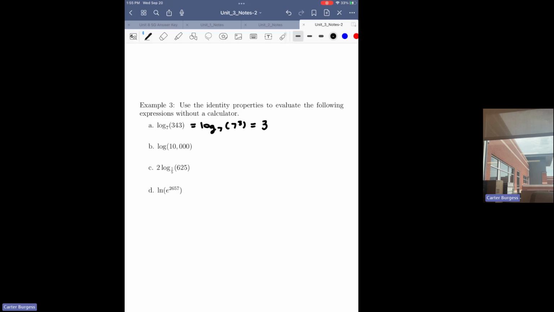So what's our base if we have log without a base? Log base 10. So 10 to what power? Now, how could I write this as 10 to a power? 10 to the what is 10,000 going to be?